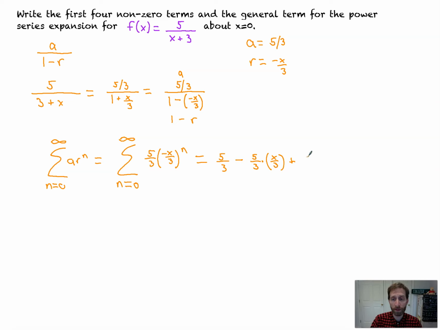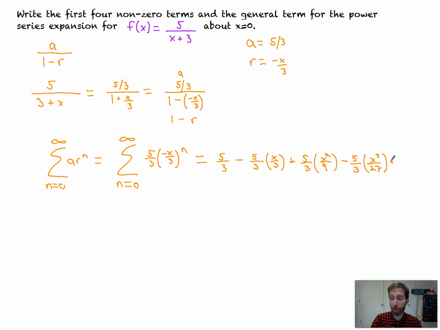So that'll be plus 5/3 is still chilling. This will be x squared over 9. We just multiplied by x over 3 again. So that's the first 3 non-zero terms, one more: minus the 5/3 is still hanging out, and we multiply by x over 3. The minus was accounted for. x cubed over 27. And you can simplify that however you want.